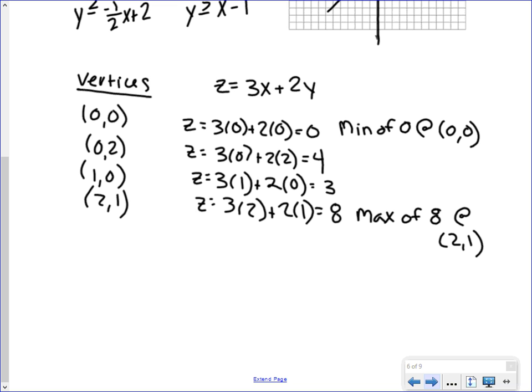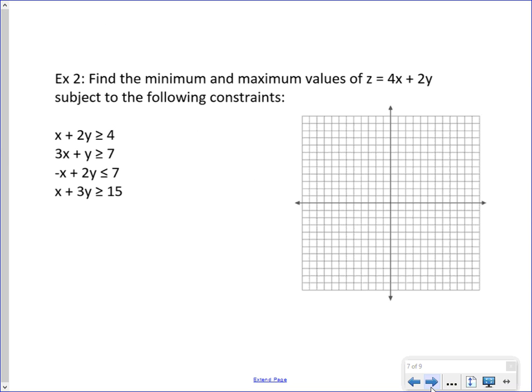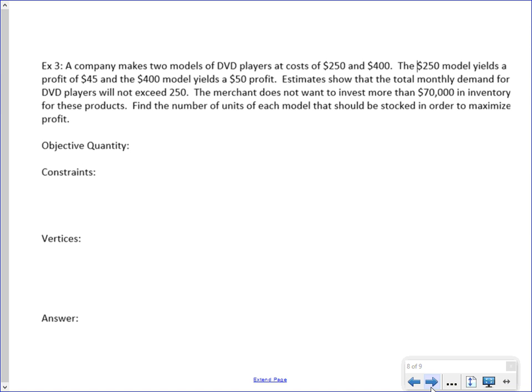Okay, I'm going to skip example 2 and go on to the back side. We're going to get one of the application ones. I'm going to give you a minute to skim the problem. Example 3. Skim that problem for me. Read it.